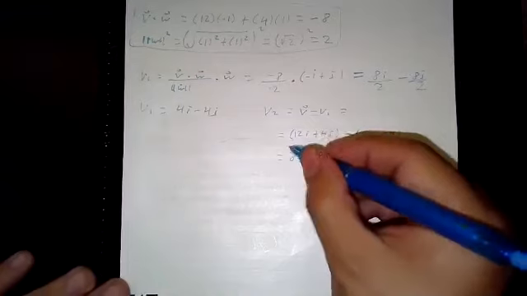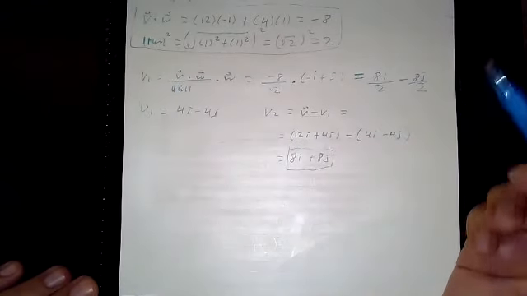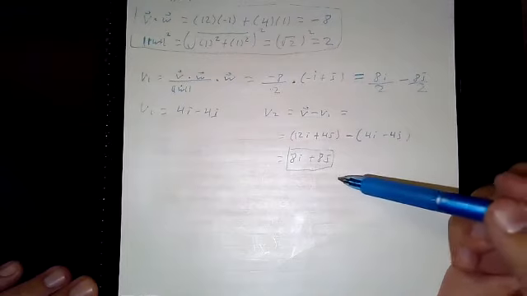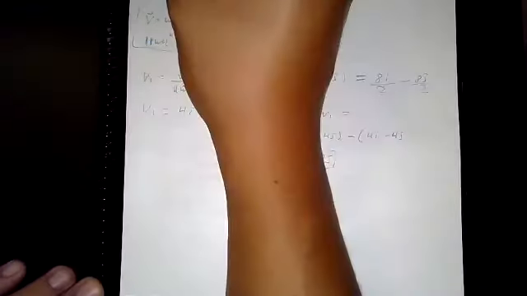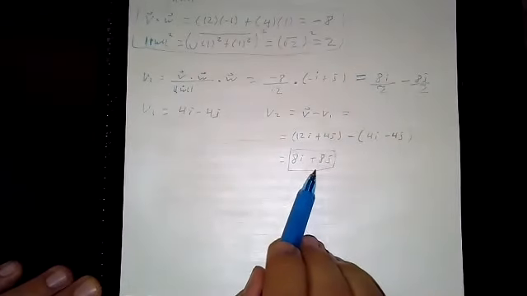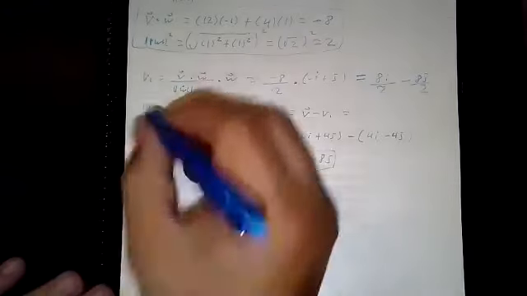So v2 is orthogonal to, what was the question? To w, I forgot to say that. Orthogonal to w, and v1 is parallel to w. There we go.